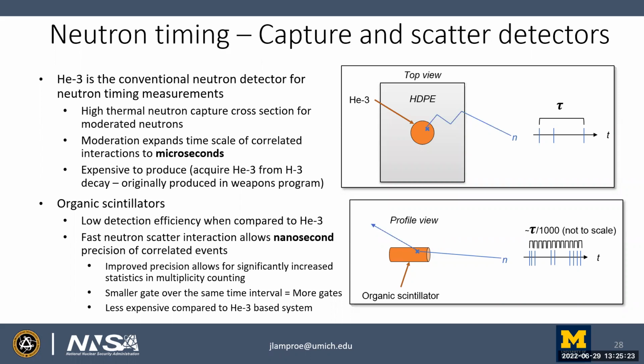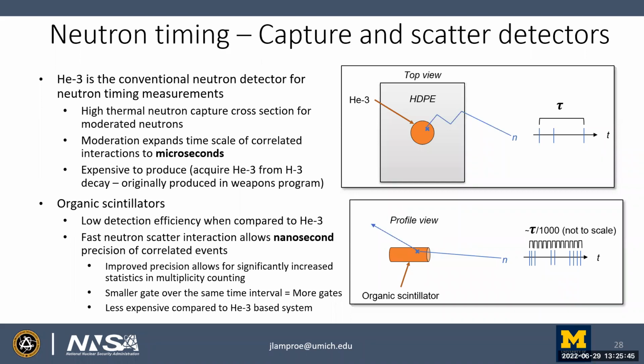And this is on the order of microseconds. The issue mostly is that it's expensive to produce, because helium-3 is produced from hydrogen-3 decay, which is from the weapons program, which is harder to get nowadays.